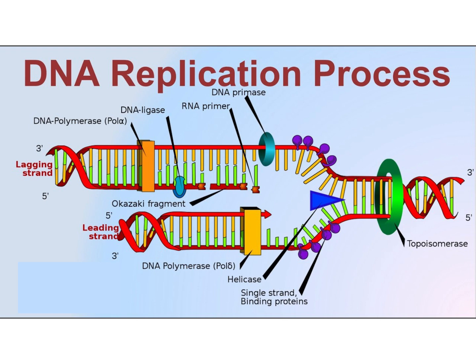Then the nucleotides pair up, where free nucleotides in the nucleus pair up with bases on the exposed single DNA strands. An enzyme known as DNA polymerase matches the bases on the template with the free nucleotides through complementary nitrogenous base pairing.